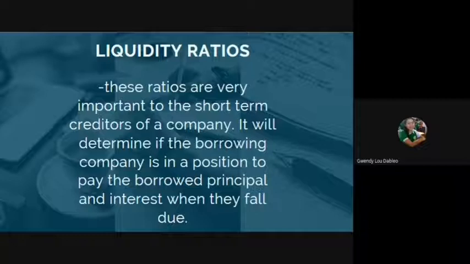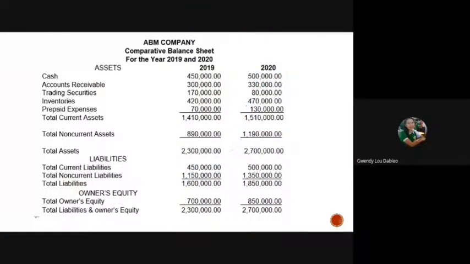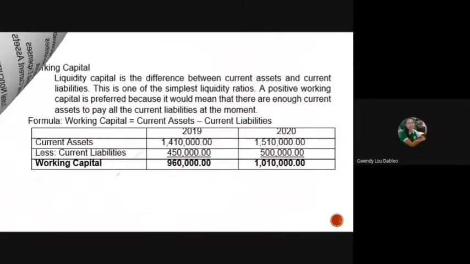To better understand the financial ratios, let's have an illustrative example of the computation using the sample financial statement of ABM company for the years 2019 and 2020. The first thing we need to compute to determine the liquidity of a certain business is the working capital.